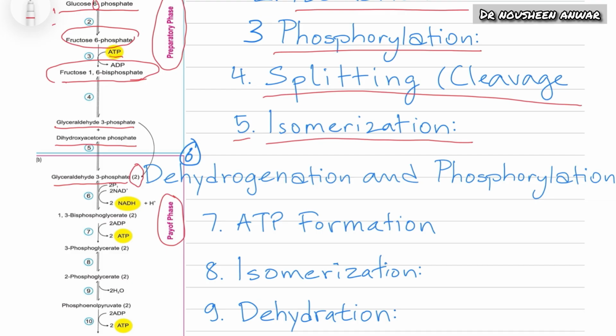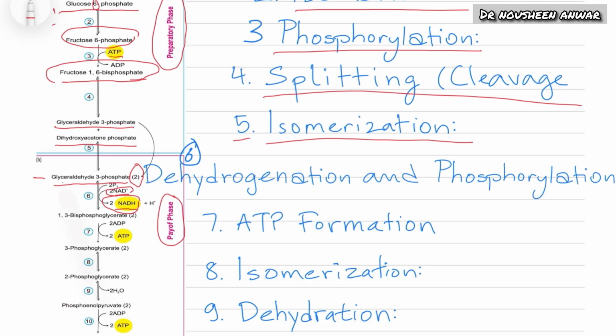Now the sixth step. What actually happens here? There is a molecule called NAD positive that is present in the cytoplasm. From this glyceraldehyde 3-phosphate, hydrogen ions are removed, and these hydrogen ions attach to the NAD positive and it becomes NADH. Because there are two glyceraldehyde 3-phosphates, two NADHs are formed.